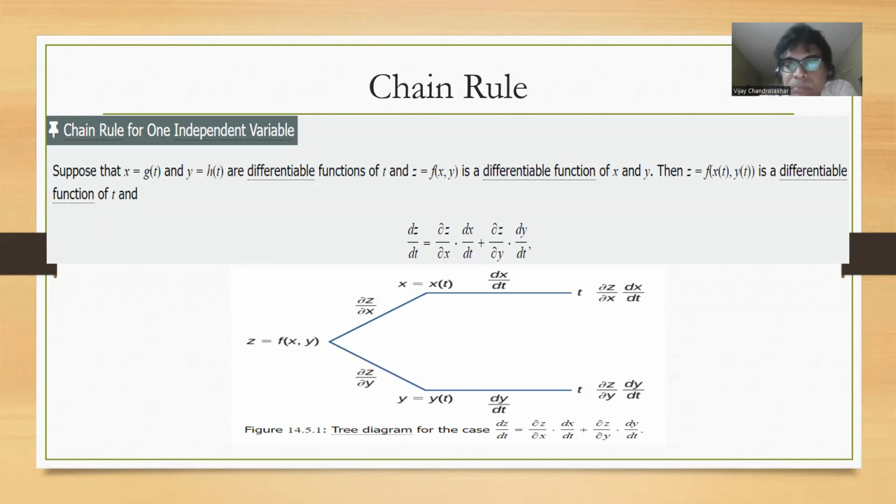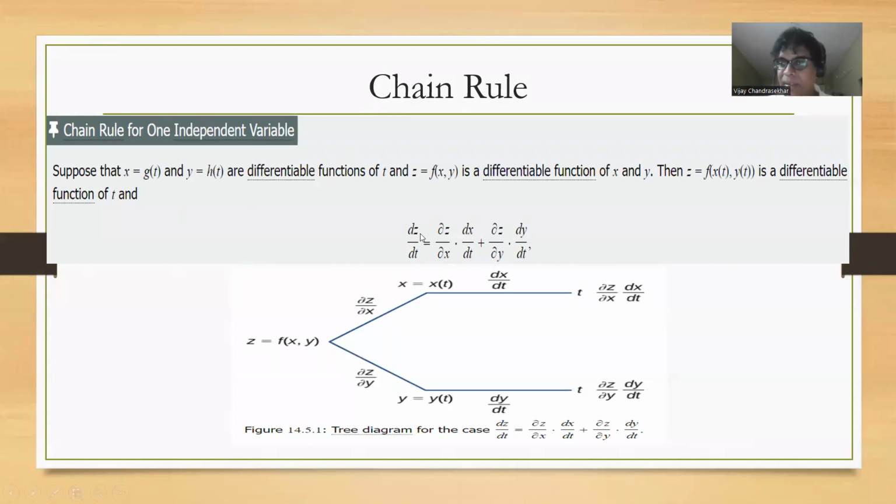Okay. Again, question. Why dz by dt? Why not dou z by dou t? Z is a function of both X and Y. Okay. So why dz by dt? So we are finding Z with respect to T. Correct. It's just with respect to t.